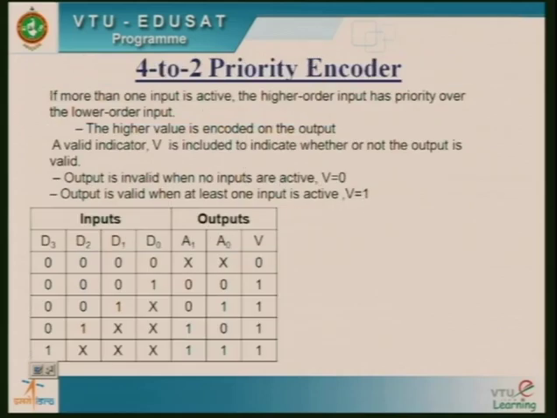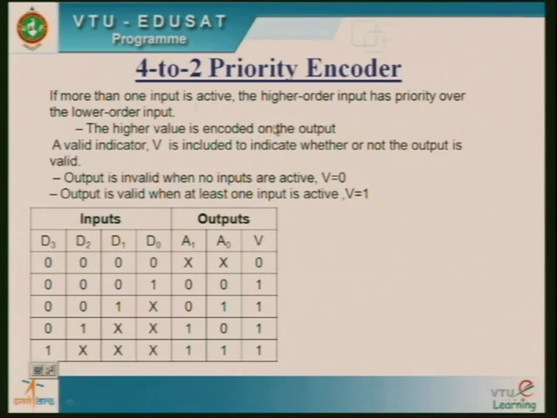So let us design a 4:2 priority encoder. What do we mean by a priority encoder? Priority is nothing but, if more than one input is active, which one has to be considered or redirected to the output side.